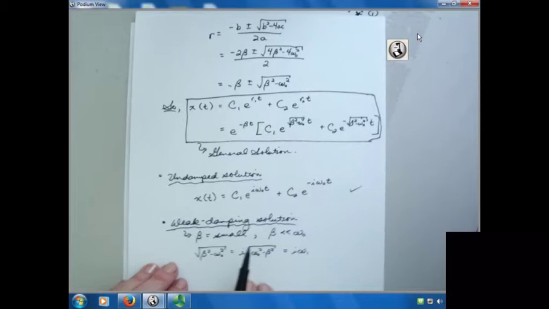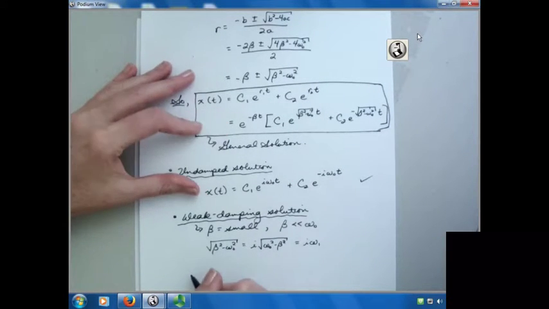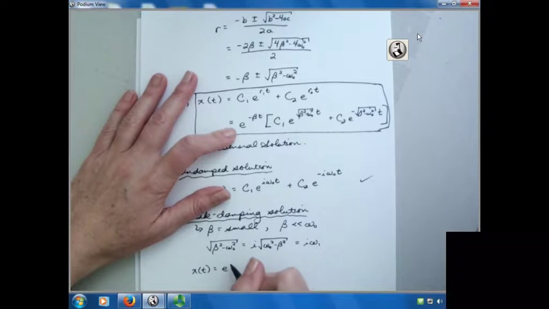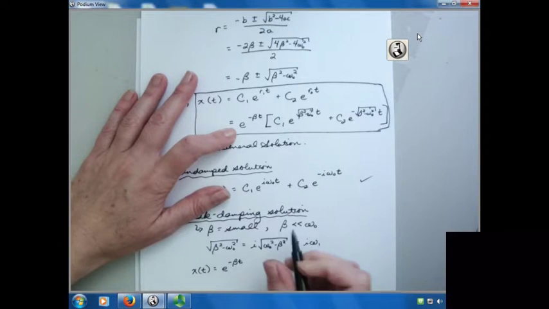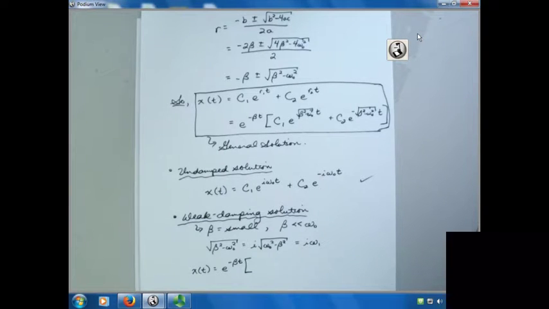So in this case, my solution becomes, I still have my e to the minus beta times t. And I'm going to give you guys a moment to complete that line. I'm going to complete it too on my own.